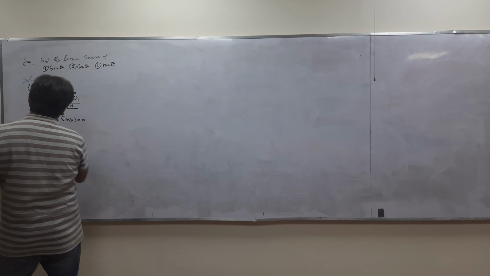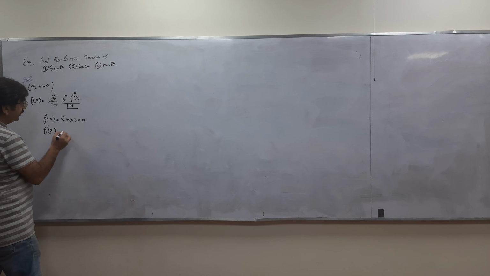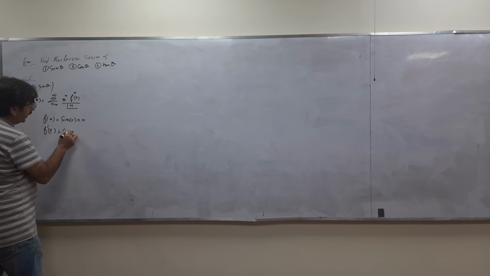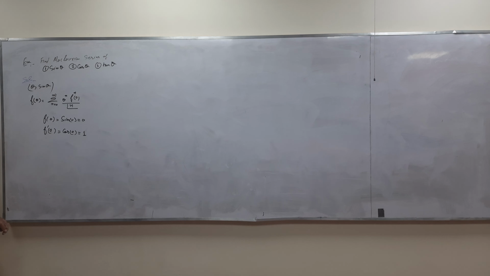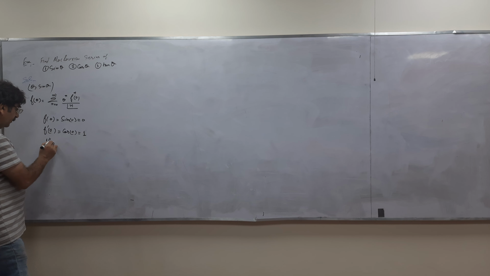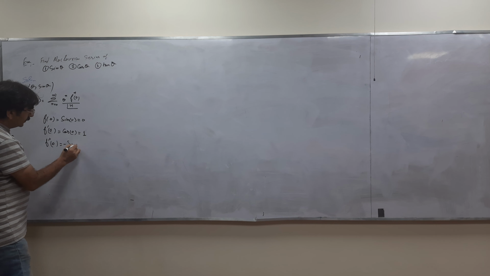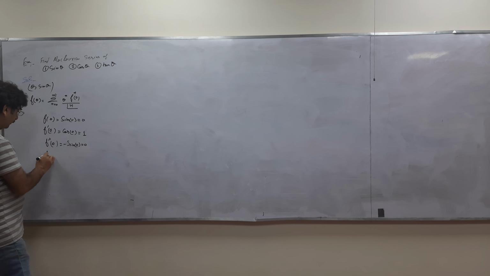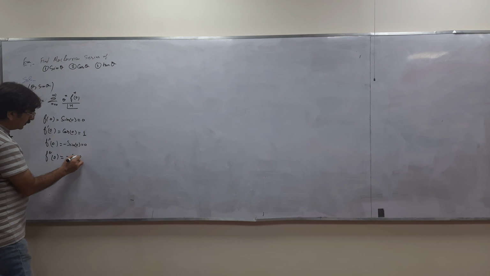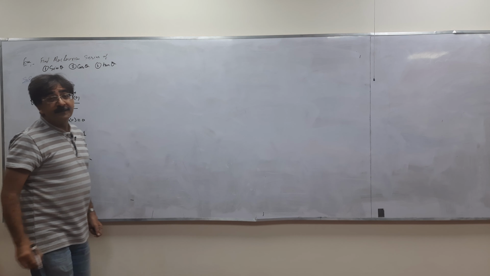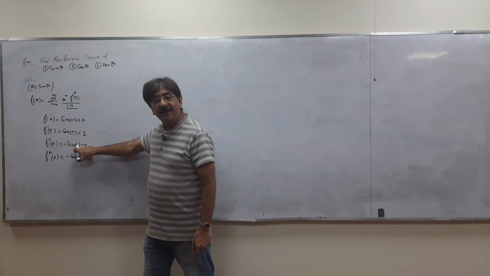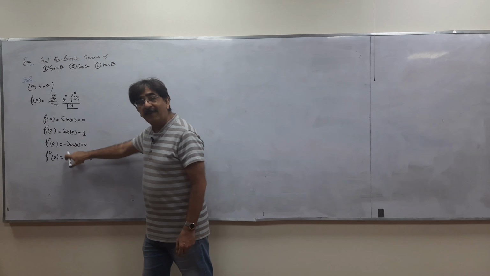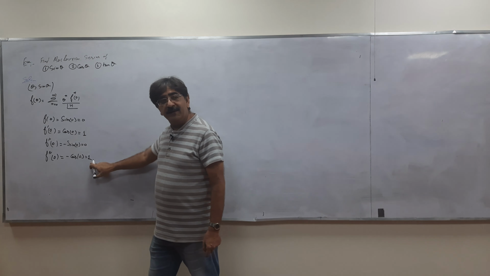Okay, f dash theta, f dash 0: the derivative of sine is cos, that will be 1. The second derivative is minus sine 0, that is 0. The third is minus cos 0, that is minus 1. The derivative of sine theta is cos, that minus from. So cos 0 is 1, that is equal to minus 1.